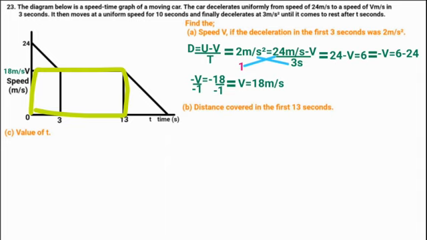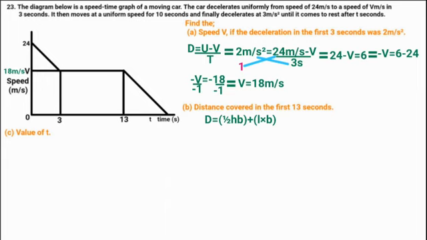So what I'm going to do now is start with the formula: distance is equal to the area of the triangle, which is 1 over 2 multiplied by h multiplied by b, plus the area of the rectangle, which is L times b.